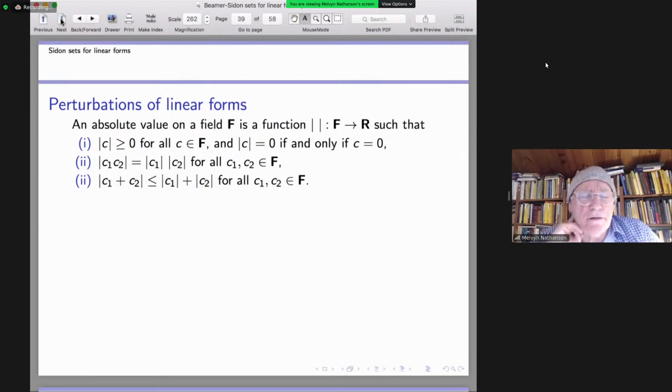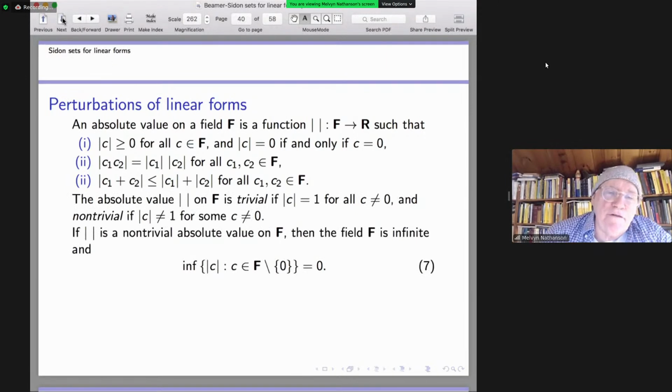Now I want to show that in a certain sense, if you have a Sidon set, you have a lot of them. So I want to talk about perturbations. We have a field F that has an absolute value. It's just some non-negative real valued function, which is zero precisely when c is zero. It's multiplicative and it satisfies a triangle inequality.